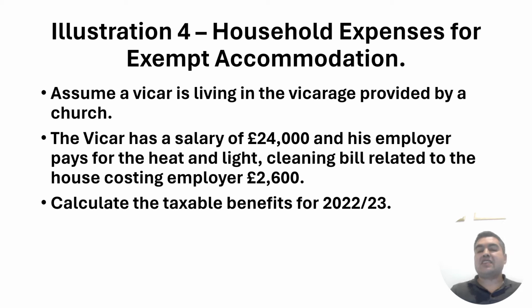The vicar has a salary of 24,000 and his employer pays for the heat and light and cleaning bills related to the house, costing the employer £2,600. Calculate the taxable benefit for 2022-23. Remember, the vicar's salary is 24,000, and the rule is that the household expenses should be restricted to 10% of his salary. In the following slide, I will explain how it works.